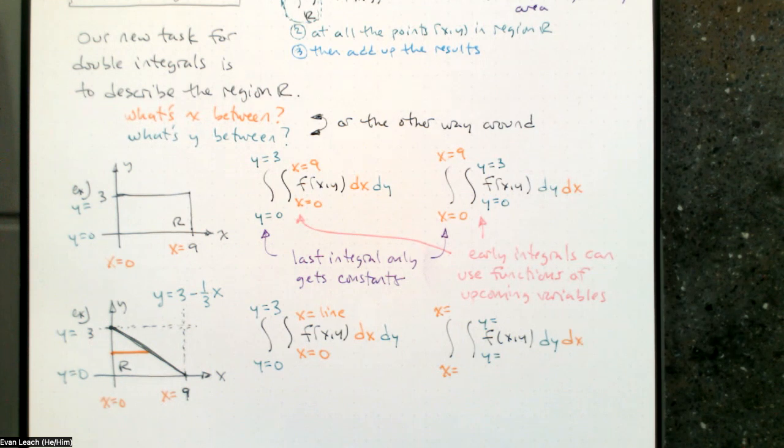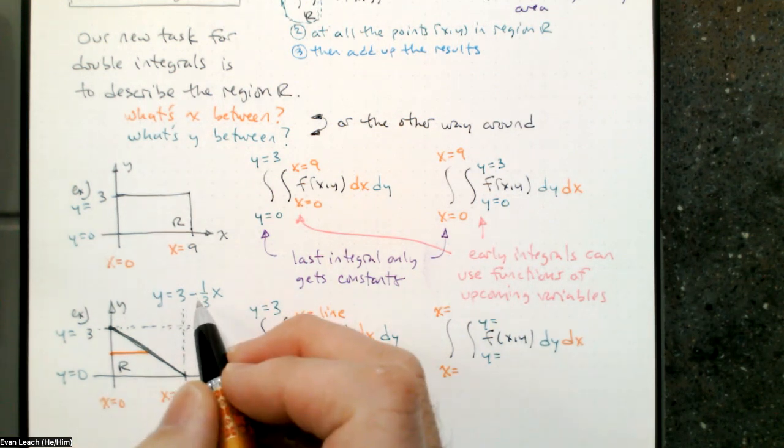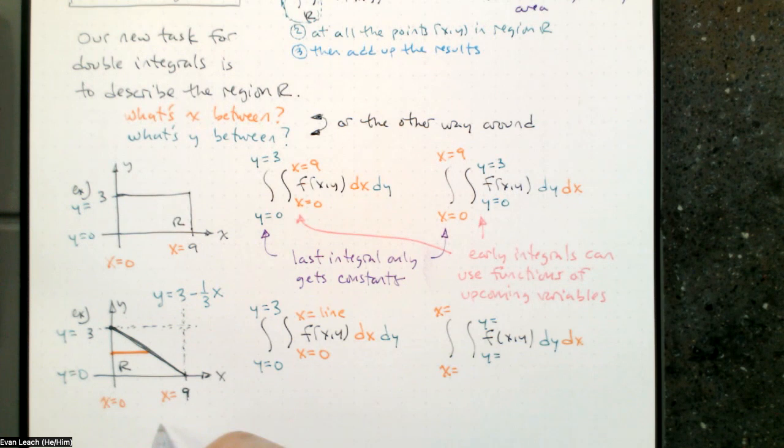Notice that I can't write 3 minus 1/3 x there, because that's not what we're saying. We're saying x equals, not y equals. So I've got to rewrite this. I'm going to subtract 3 and give myself enough space.